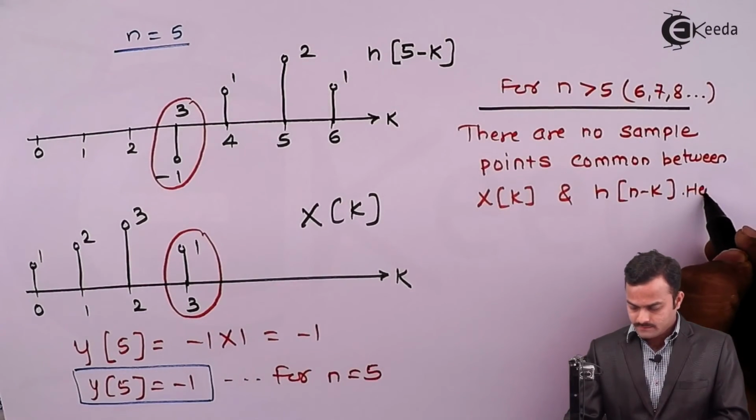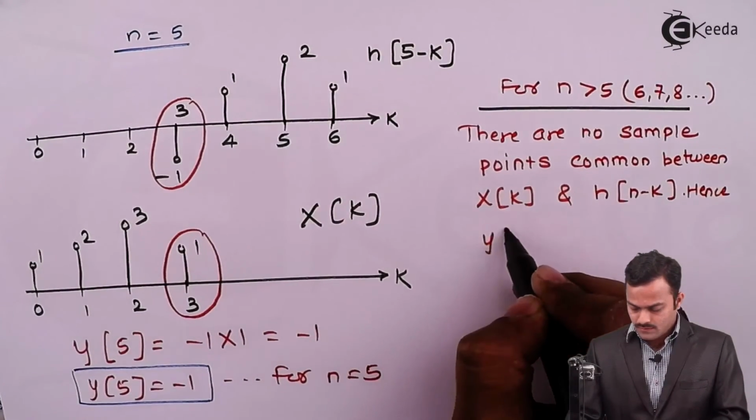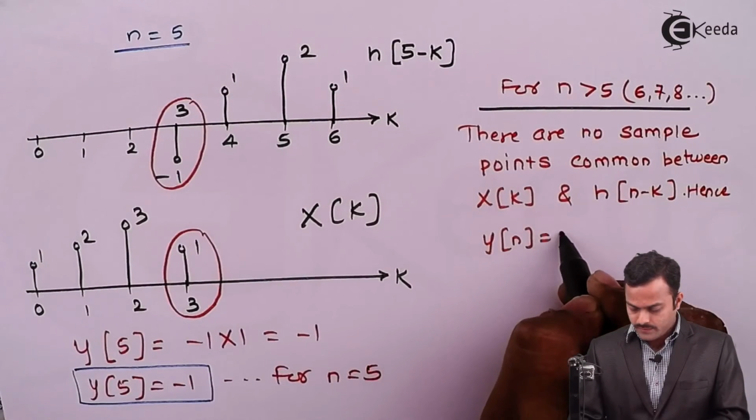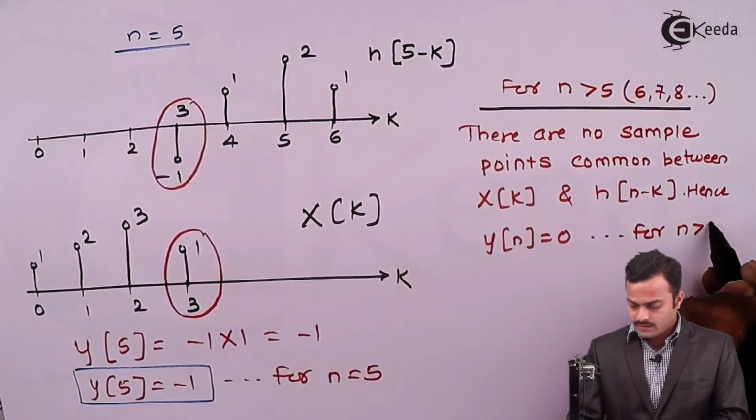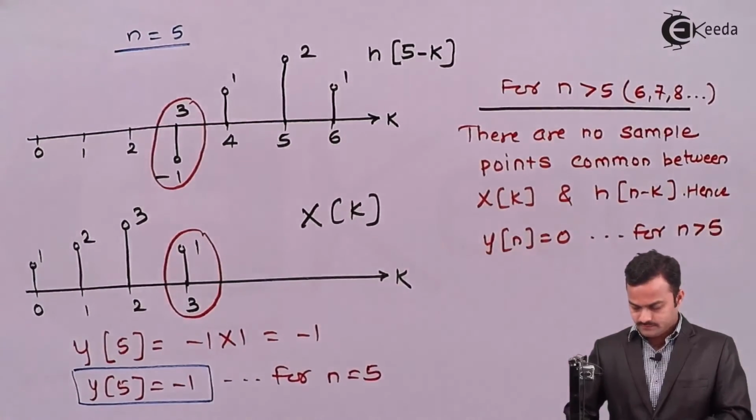Hence I can say y of n will be equal to 0 for n greater than 5.